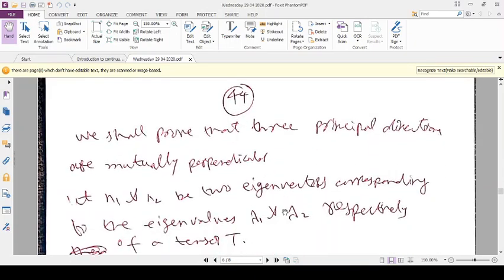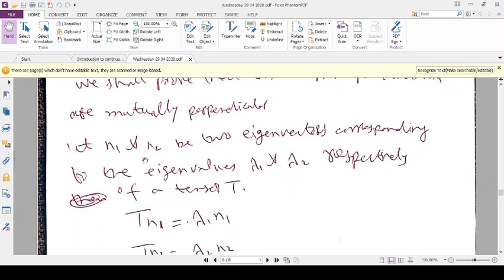Now we shall prove that these 3 principal directions are mutually perpendicular, as you have already seen in your previous examples. In all 3 examples we have 3 mutually perpendicular eigenvectors. We shall prove it here.